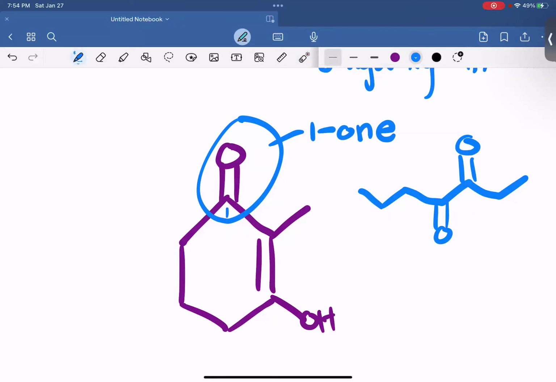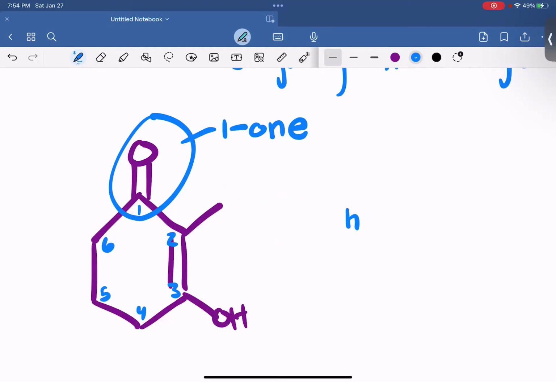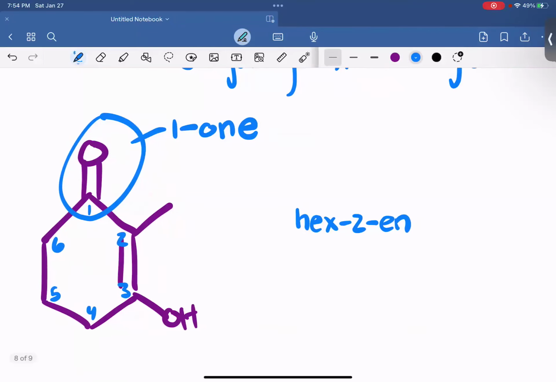So we identified the highest priority functional group, and after that, we always identify the longest carbon chain. It's 1, 2, 3, 4, 5, 6, so 6 is hex. Is there a double bond? Yes, it's on the 2 carbon, and we'll put in our suffix.